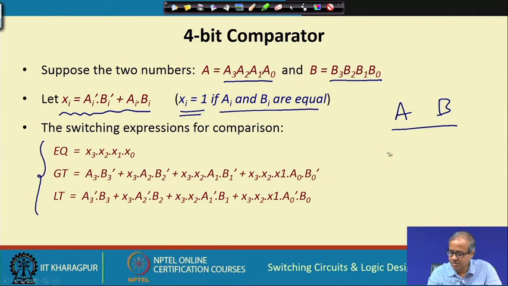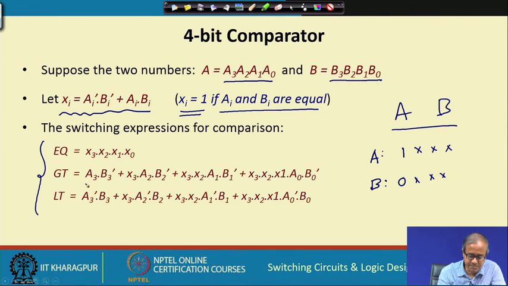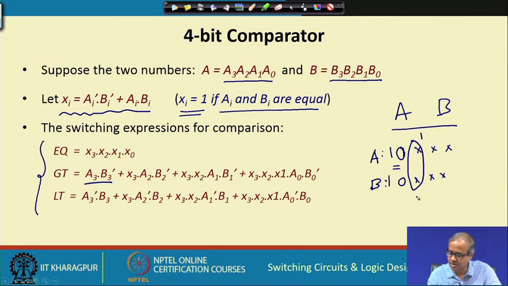For GT, you think of the two numbers A and B. If you see that A3 is 1 and B3 is 0, then you need not see the other bits, because irrespective of the other 3 bits, if the most significant bit of A is greater than B, then A will always be greater, A3 B3 bar. But if you find these two are equal, 0 0 or 1 1, then you need to see the next bit, if this is 1 and this is 0.